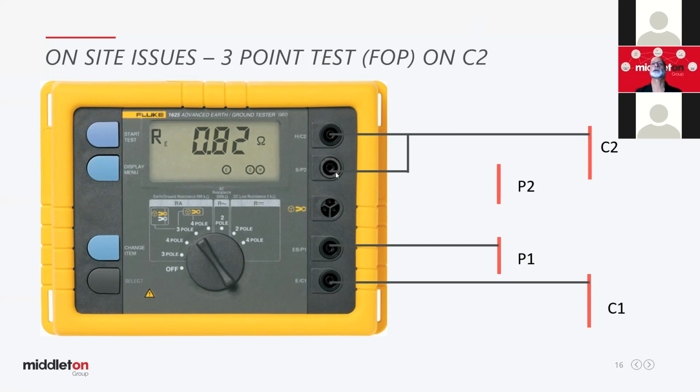Simply disconnect P2 at your terminal here and bridge those out. And this meter will put it into 3-point mode, and it'll give you a reading of the resistance at this stake. And you just change the connections so that you measure the resistance at each stake.